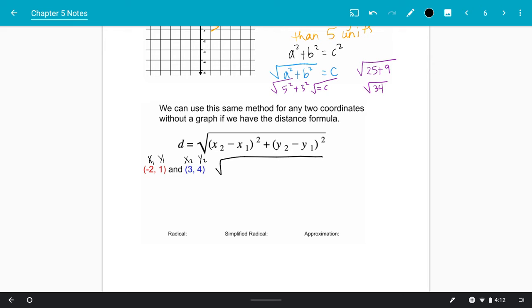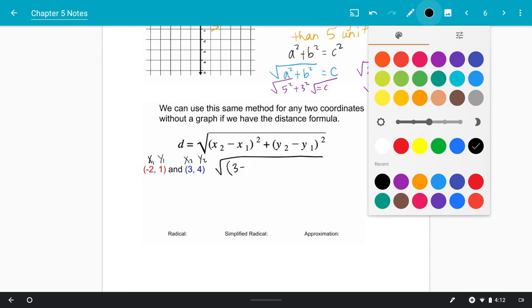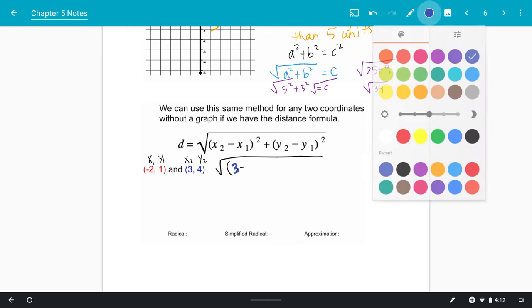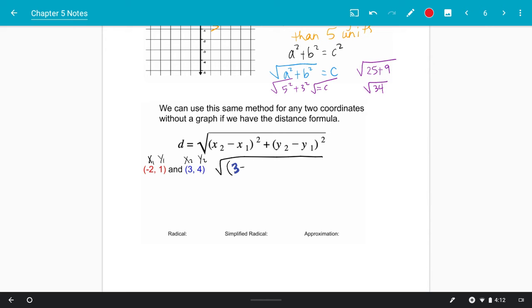So the first thing we need to do is write out what x2 is. Well, x2 is right here. It's 3, minus x1, which is -2, squared, plus parenthesis y2.